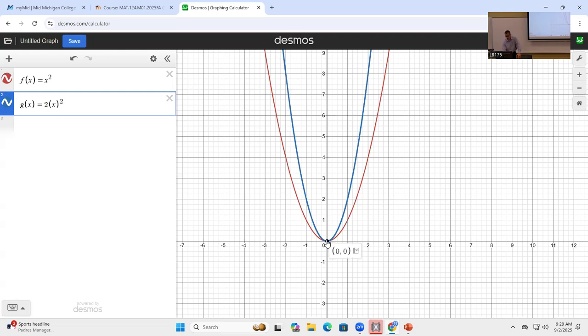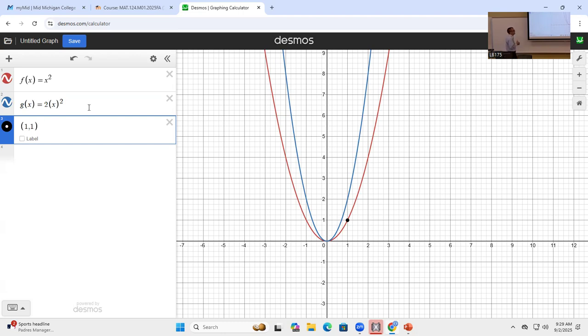The point (0, 0) had the y value of 0. If I stretch 0 by 2, 2 times 0 is just 0 still. Let me highlight a couple of other points. Notice that my original function, my base function, had a point (1, 1).